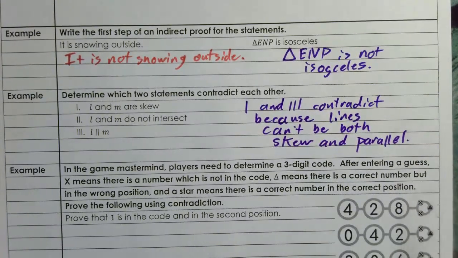Since that's a contradiction, if we had assumed something and were led to the point that L and M are both skew and parallel, that would be a contradiction. That would make us say that what we originally assumed can't be true, because we got a contradiction. We can't be skew and parallel.